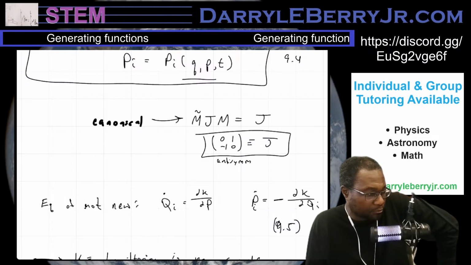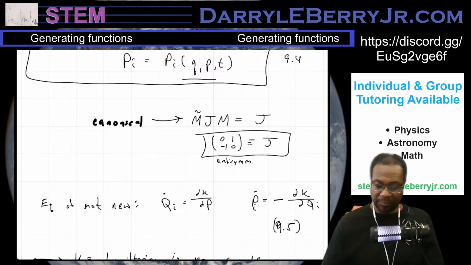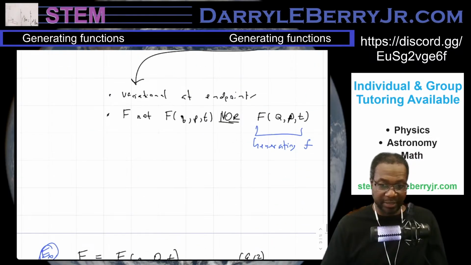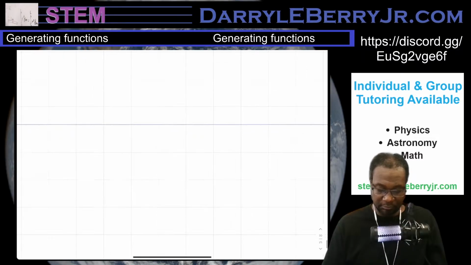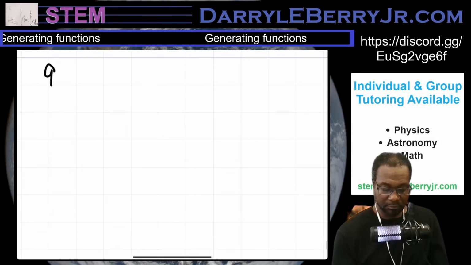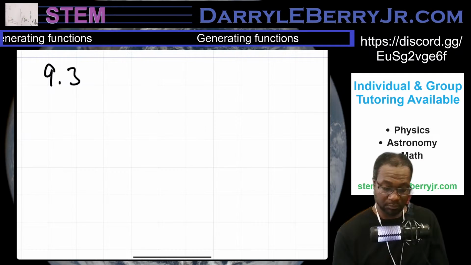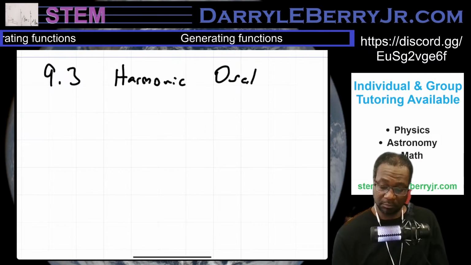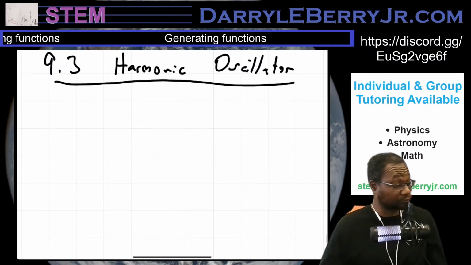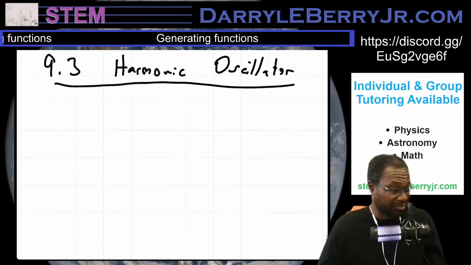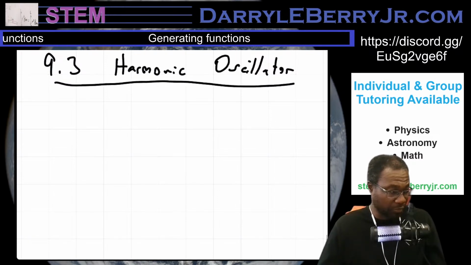I'll skip to section 9.3, so everything is less symbolic or abstract. As a final example, let us consider a canonical transformation that can be used to solve the problem of the simple harmonic oscillator in one dimension.